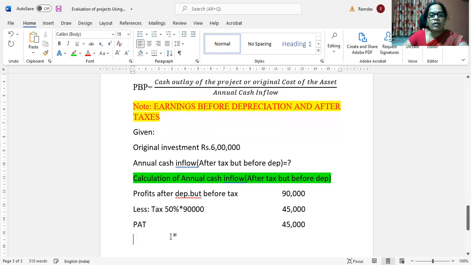Now I require profit after tax but before depreciation. So I need to add back the depreciation which was already deducted. So depreciation is 12.5% of how much? The original cost of asset. The original cost of asset is 6 lakh. So 12.5% of 6 lakhs would be 75,000.